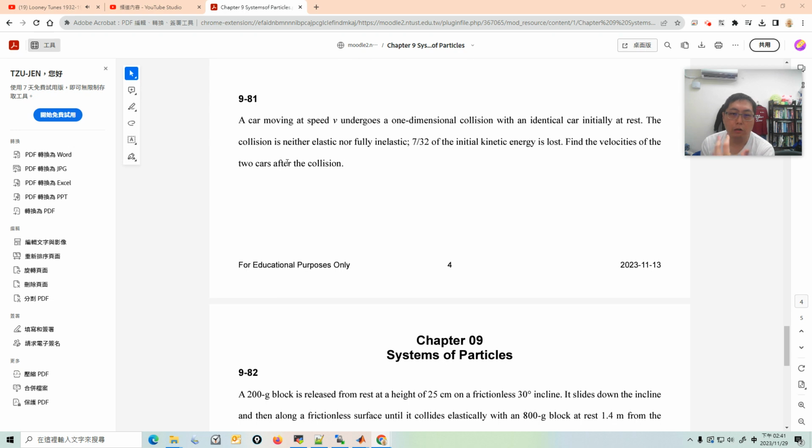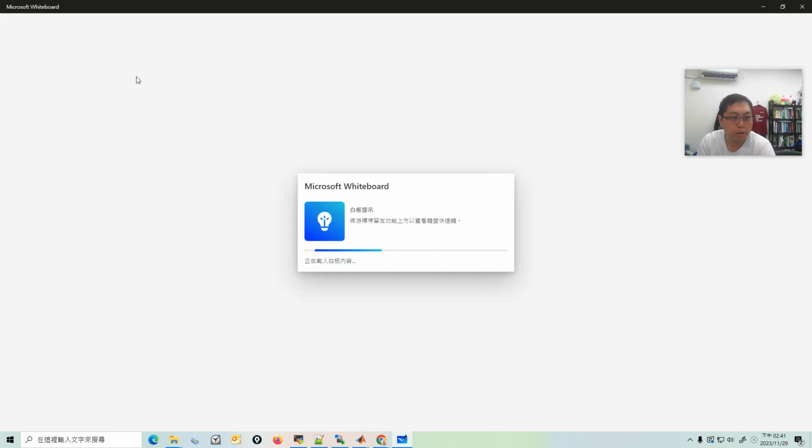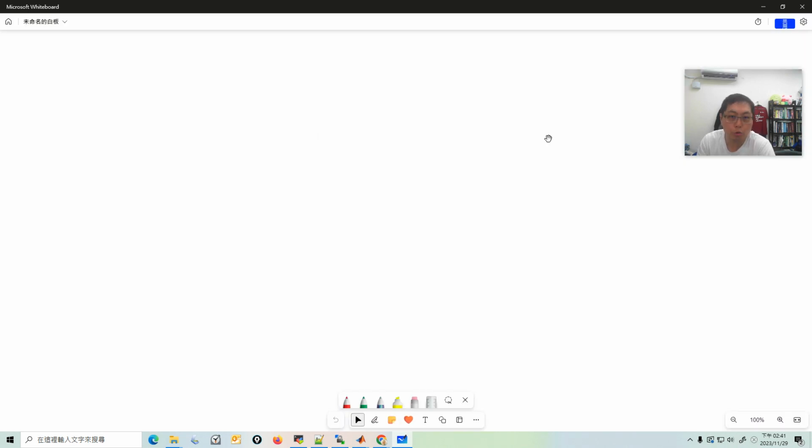So this is a collision problem. In a collision problem, what is our analysis tool? In a collision problem, we always treat the system as isolated.